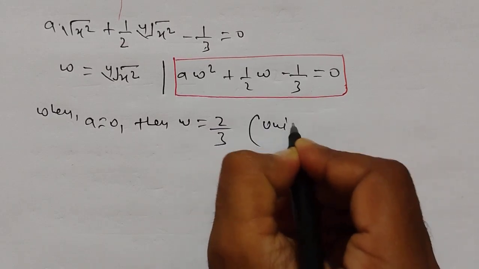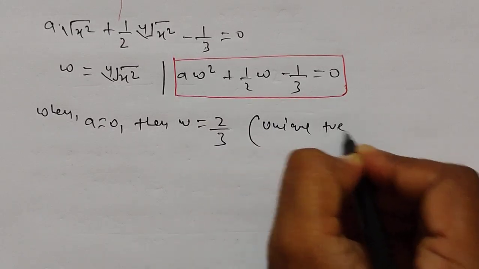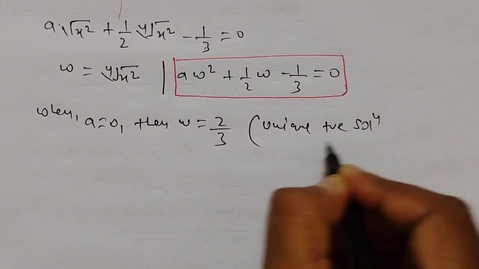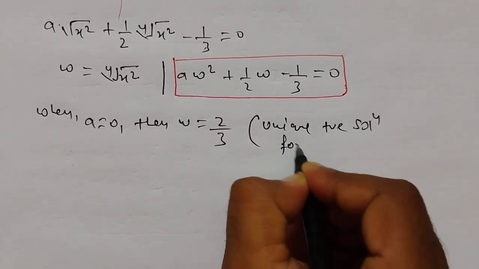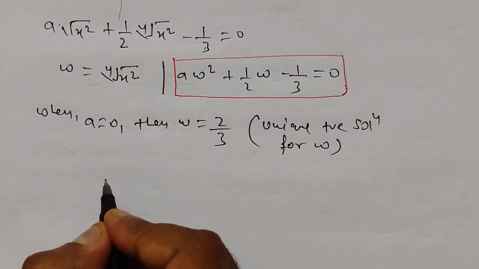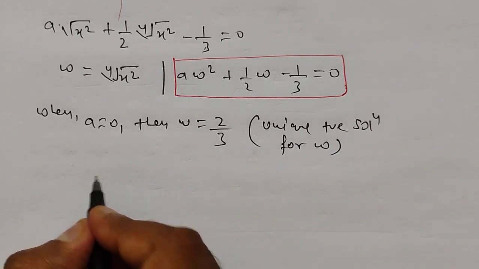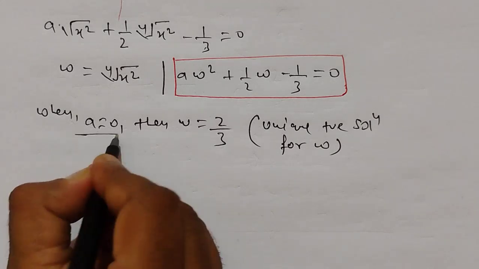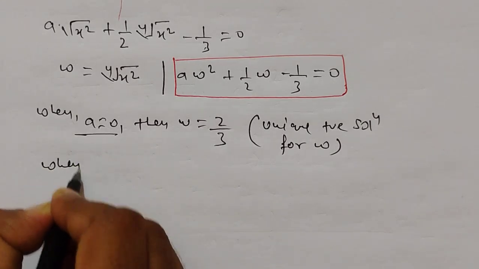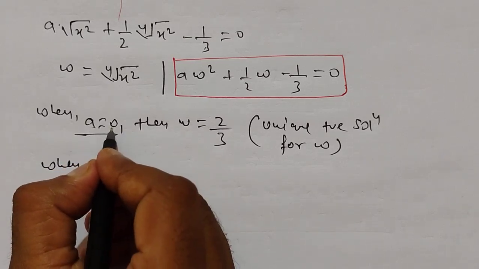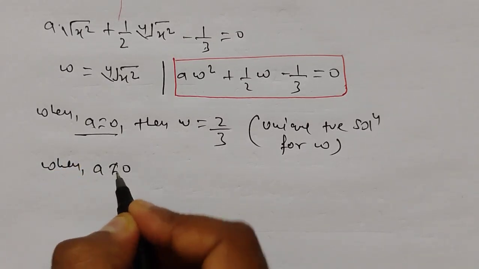And when we are using a not equal to 0, we have only two conditions, if a is equal to 0 and if a not equal to 0.